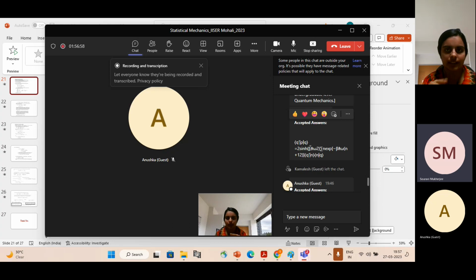Rho was e to the power minus beta En by Z. That's how you had defined rho n, right? So this 1 by Z is written as 2 sine hyperbolic, this term. And what you have inside is this. So here n are the energy eigenvalues, and q prime and q are the respective position coordinates.